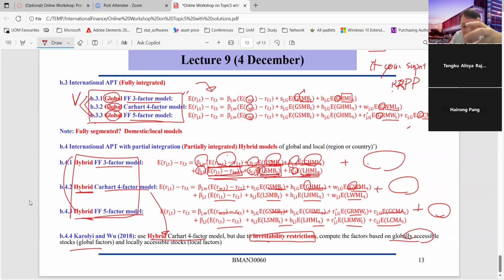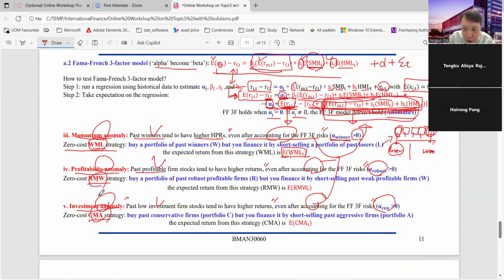If, as an international investor, you are not able to buy that, it shouldn't be included in this global stock, right? Because that's not global at all. It's there, but it's not global. You cannot buy that. So they define something called globally accessible stock and locally accessible stock, and they come up with a new way of computing factors. What they find is that once you compute factors like this, the hybrid model is a very good model. The Fama-French model says the hybrid model is not a good model. So I'm going to provide more explanations this Thursday.